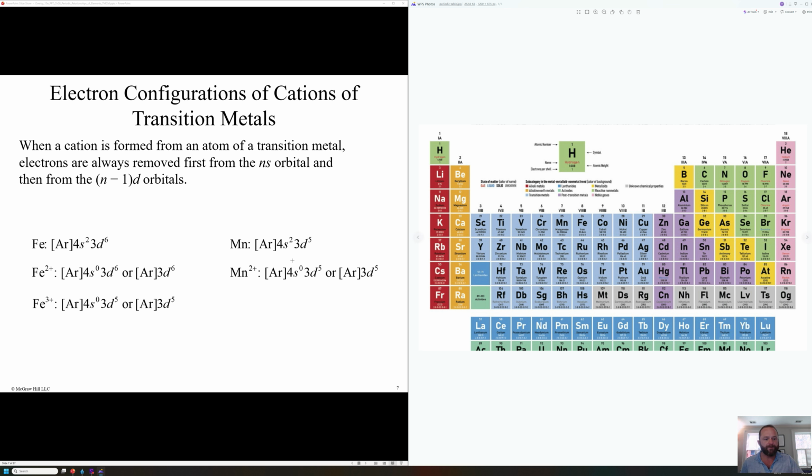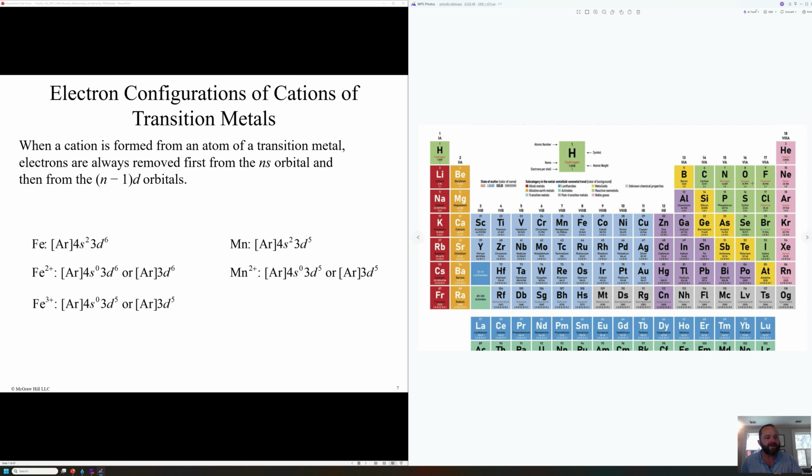So for iron, for example, since we're there right now, argon has this electron configuration: 1s2, 2s2, 2p6, 3s2, and so on.